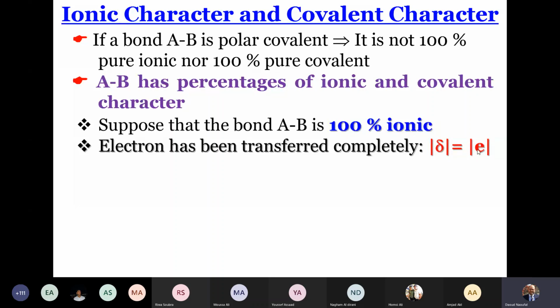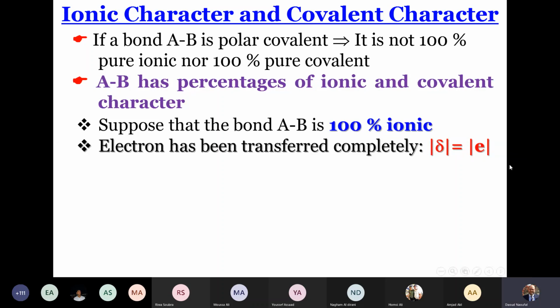The electron is transferred from the less electronegative atom, supposed A, completely to the more electronegative atom, which is B. So B gains a charge equal to the charge of the electron gained.